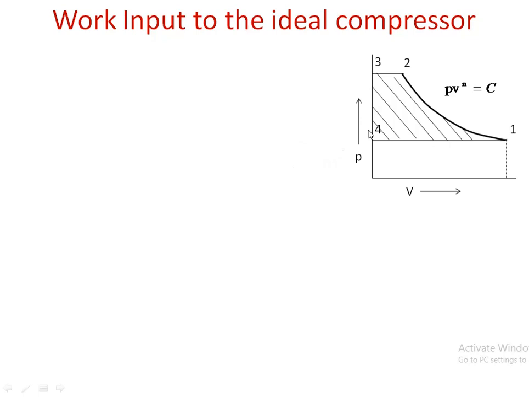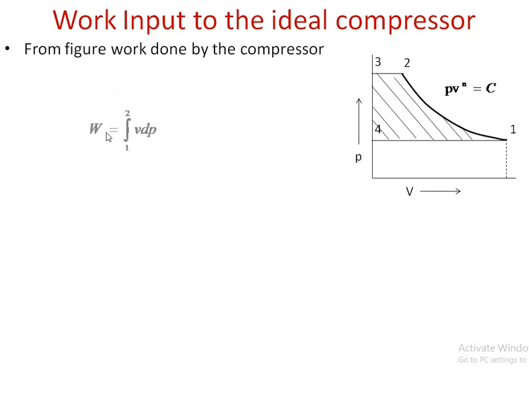The other way of doing it is, instead of doing the integration PdV, you can do VdP. If I do that, the work done will be equal to the integration of VdP over 1 to 2. This is the area of the curve about the P or Y axis. When we integrate a curve, as we have studied in PUC or engineering, the area can be found about the Y axis as well as the X axis.